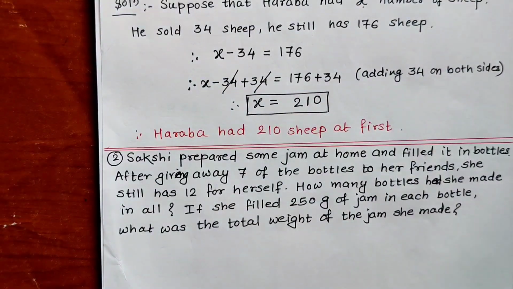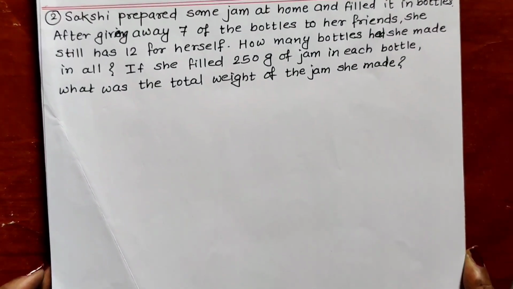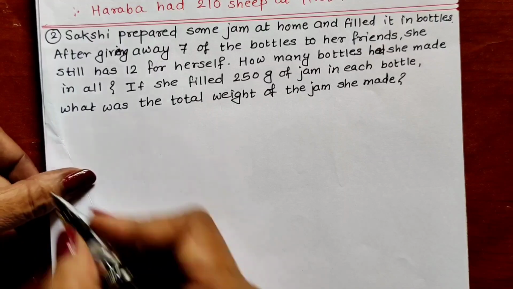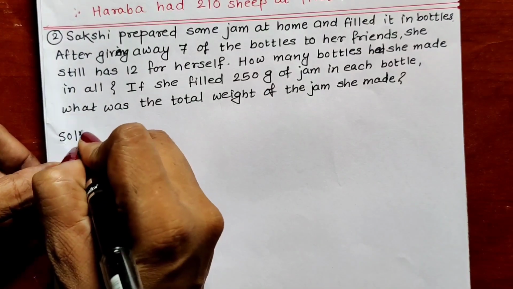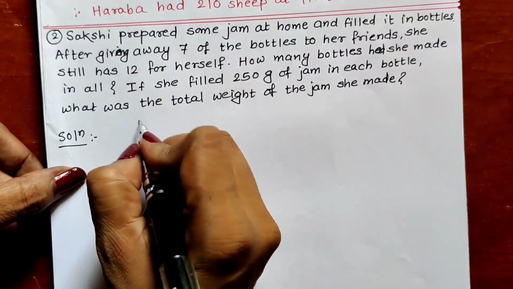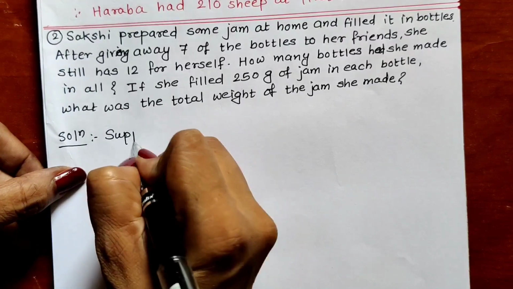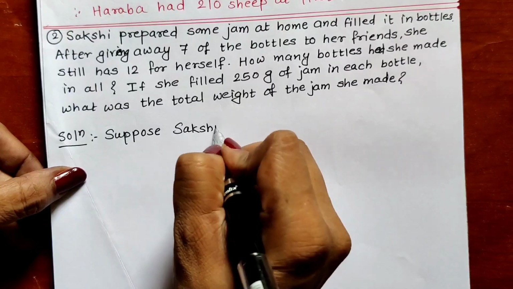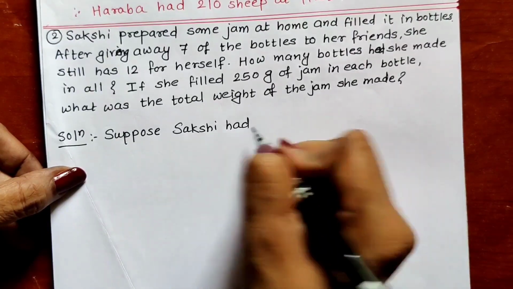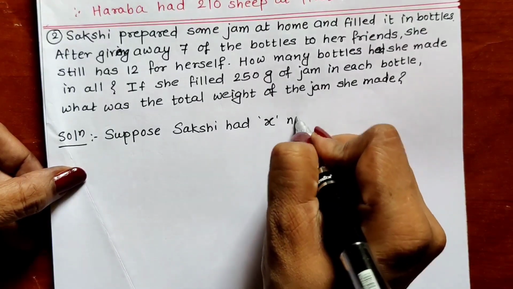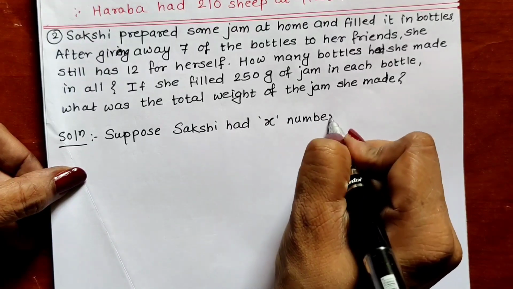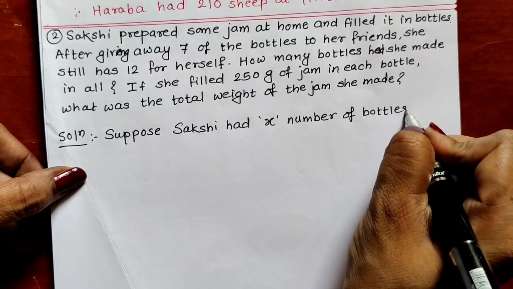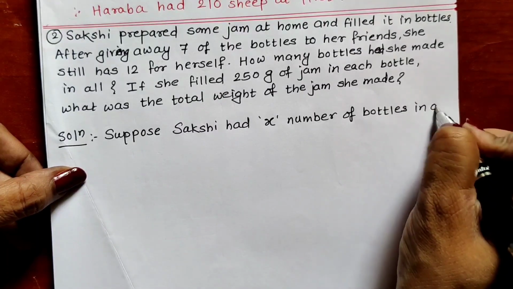Are you understanding? So I have written the question as it is on my page. And now we will solve the sum in the solution. What I told you to write first: Let us suppose Sakshi had X number of bottles in all.